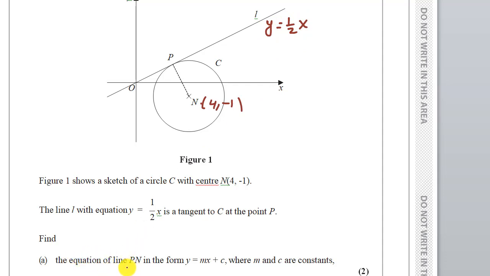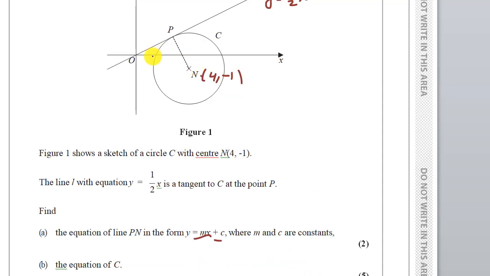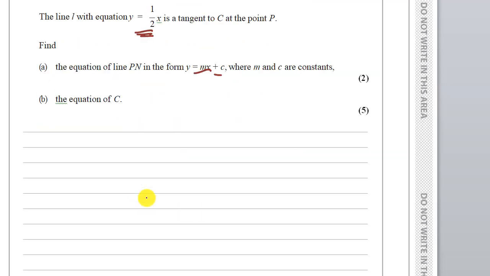Find the equation of line PN in the form of y equal to mx plus c, where m and c are constants. PN is perpendicular to the tangent, so this angle is 90. So this is the equation of the line L. So this is part A.